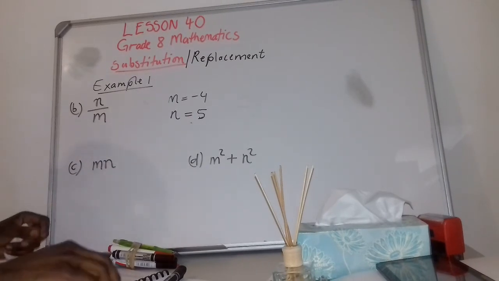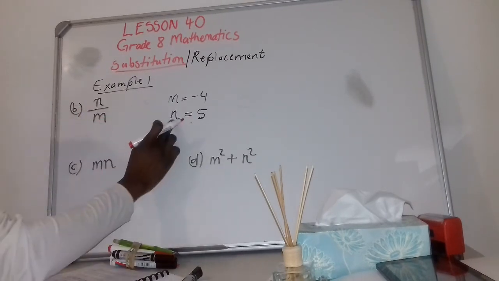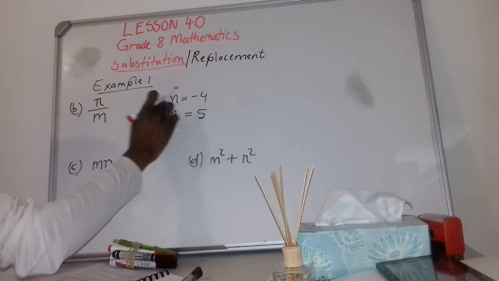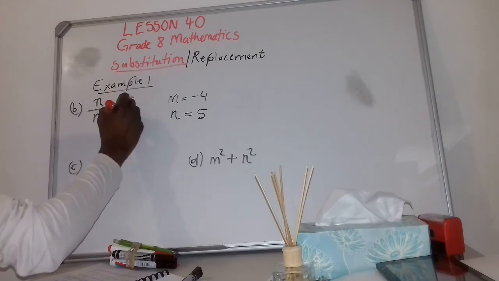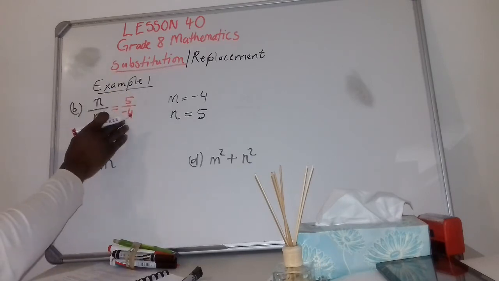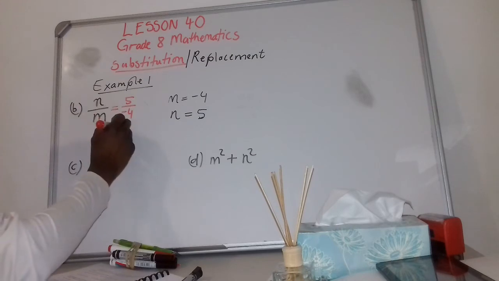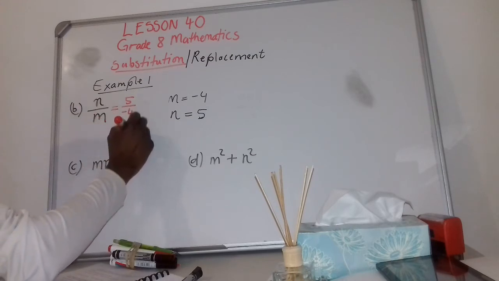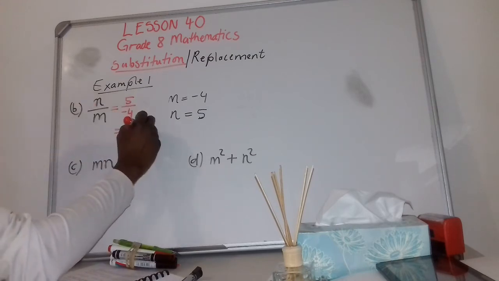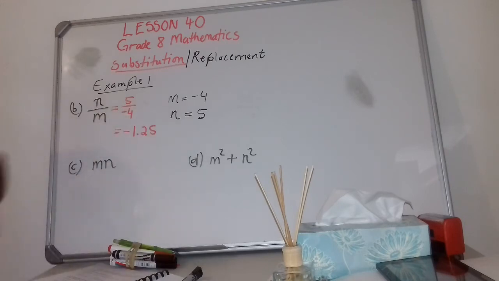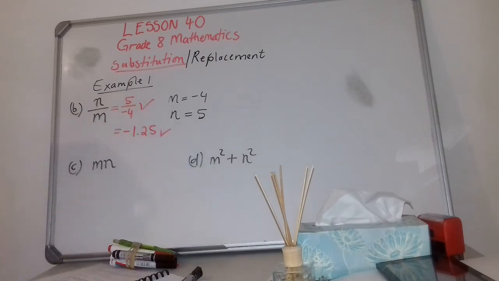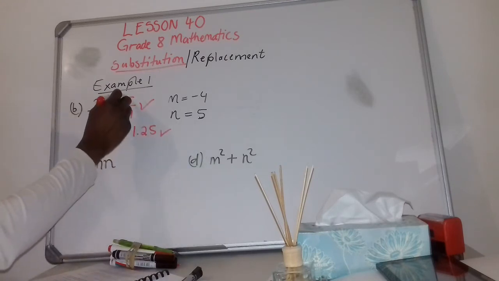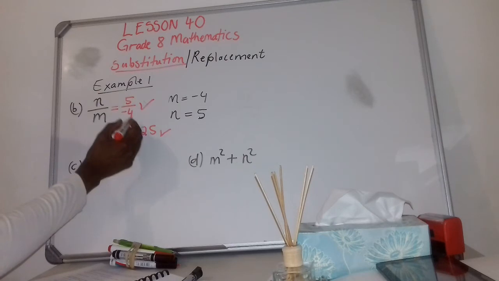With this one, we need to divide n by m. So it will be positive 5 divided by -4. You can either leave it like that, or you can write it in a decimal form, which is going to be -1.25. So you can either leave it like this or as a decimal fraction. 4 goes into 5 one time, and then there will be a remainder of 1, which is 0.25.